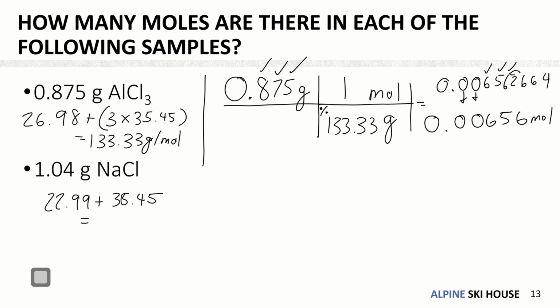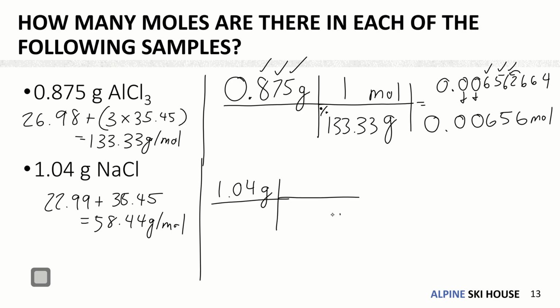All right. So I add up the molar masses of Na and Cl, 58.44 grams per mole. I have 1.04 grams. I'm coming from grams, going to moles. You can see I like to always write the unit before I put the number in, because people mess up where to put the number. 1 is always in front of the mole, okay? And we will only see that change when we get to stoichiometry. When a mole is with another unit that's not the mole, it's always 1.